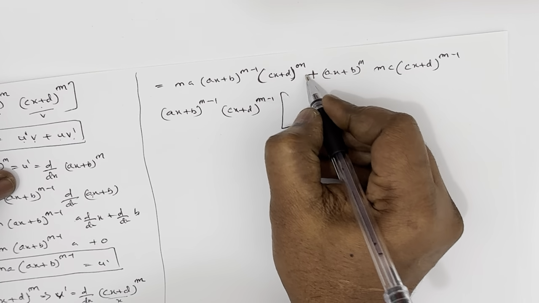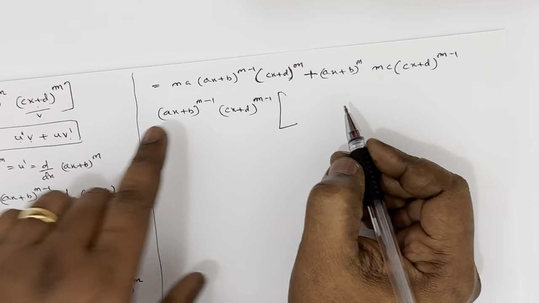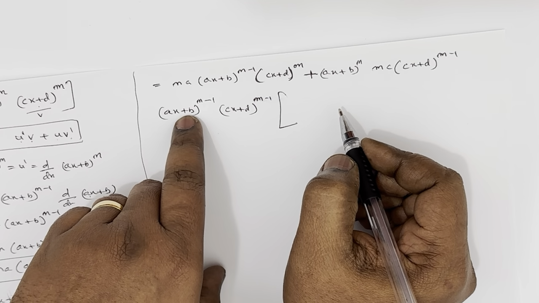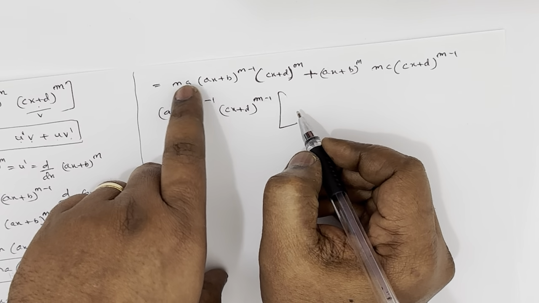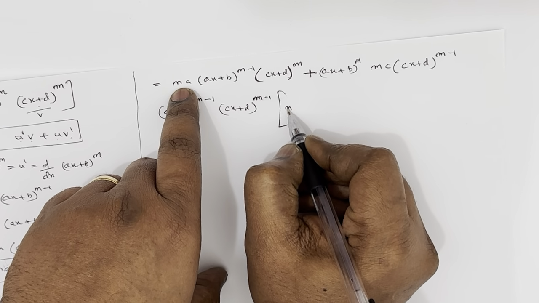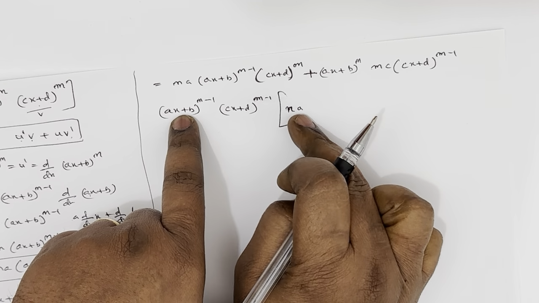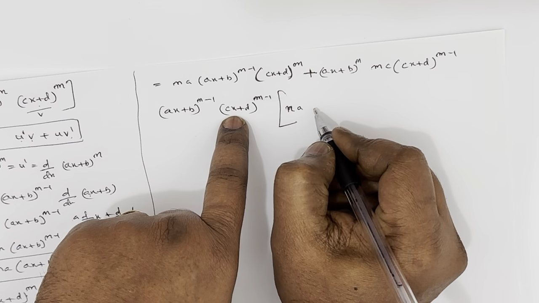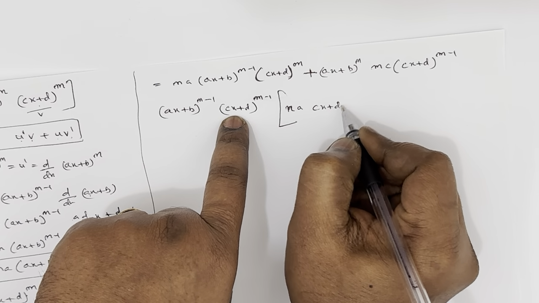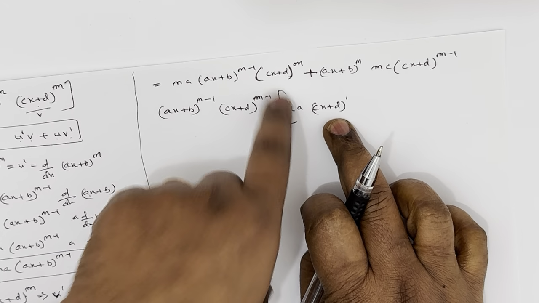This is plus, so this multiplied by something must give you this. So (ax plus b) raised to n minus 1 multiplied by na will give you this, and this multiplied by (cx plus d) raised to 1 will give you this thing.